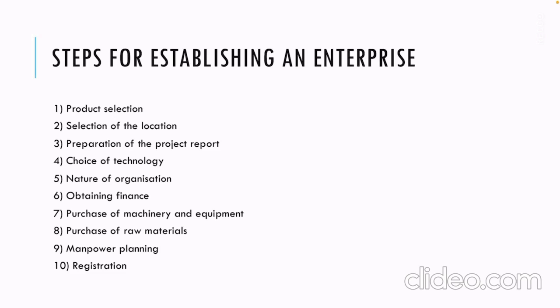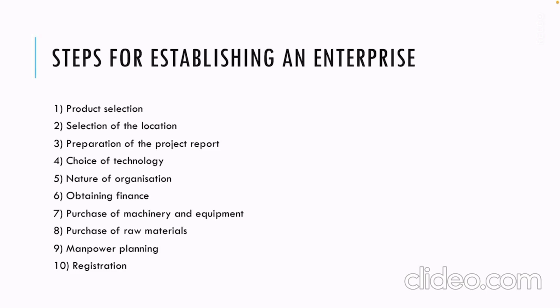Then the next is manpower planning. Manpower planning means nothing but planning regarding human resource availability, that is labor availability, which includes comparing the number of employees required for an enterprise and the availability of such employees. If it meets, then an enterprise can reach its goal.